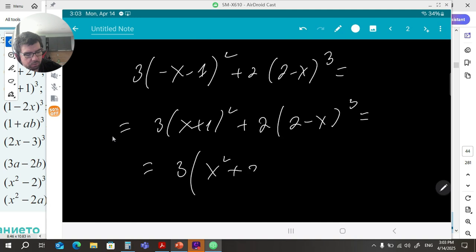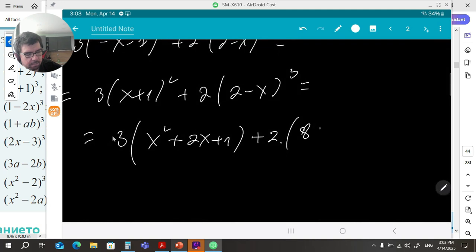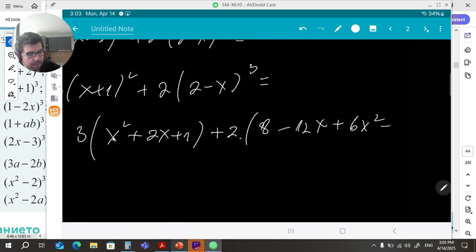x squared plus 2x plus 1, plus 2 times, and now we have to apply this formula. This is 8 minus 3 times the first to the power of 2, 3 times 4 is 12x, plus 3 times the first, 3 times 2 is 6, times the second to the power of 2, and finally minus the second to the power of 3.